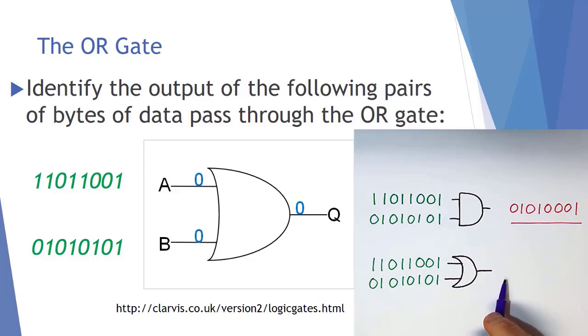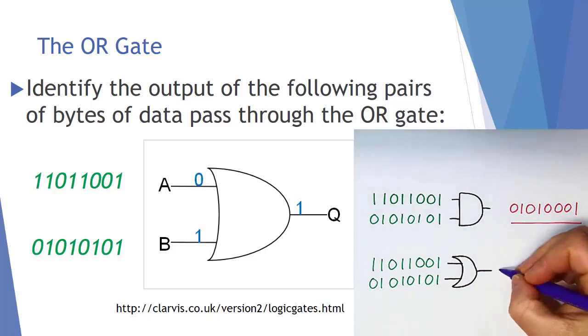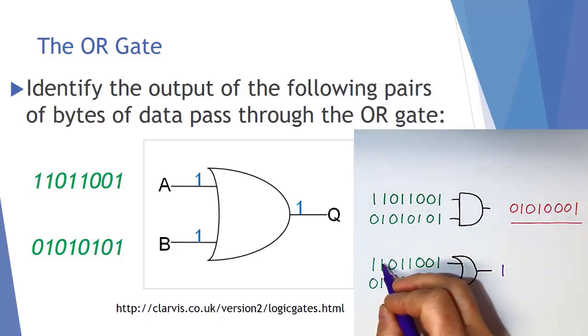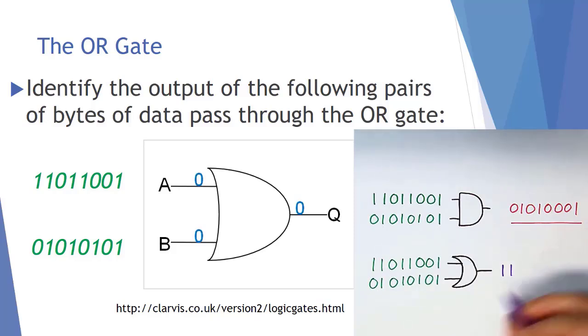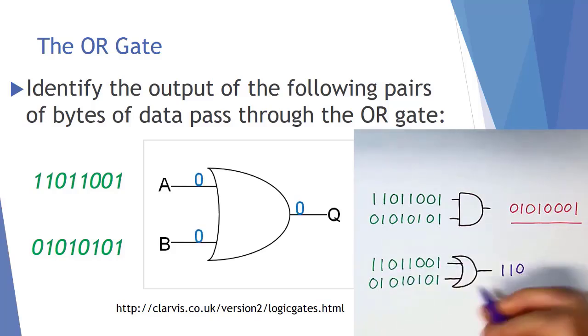We're going to get an output of 1 for every pair of bits that give us either a 1 on one input or on the other. So our first pair, we have 1 and a 0, that's a 1. Second inputs, we have 1 and 1, that'll be a 1. 0 and 0 there, we have no 1 input, and so we have a 0.